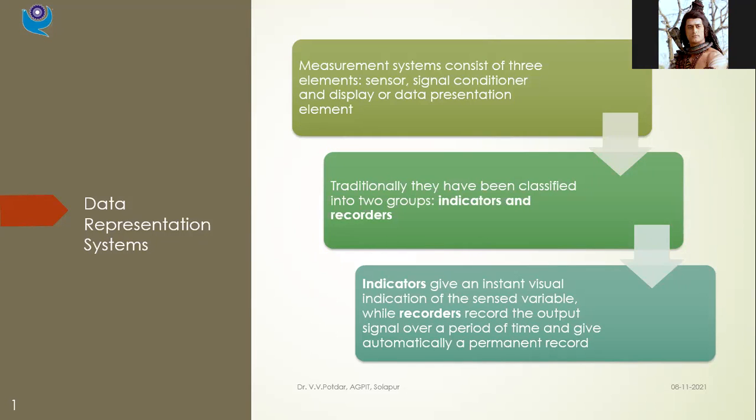If you just recall, in the initial lectures, when I showed you the generalized block diagram of the Mechatronics system, we had sensor transducers, then we had signal conditioning devices at the input stage, we had the signal conditioning devices at the output stage, and then we had the controller part, and there we had one option, either to send the conditioned signal to the controller and actuator, or send this conditioned signal to the data representation systems, or send the signal to both.